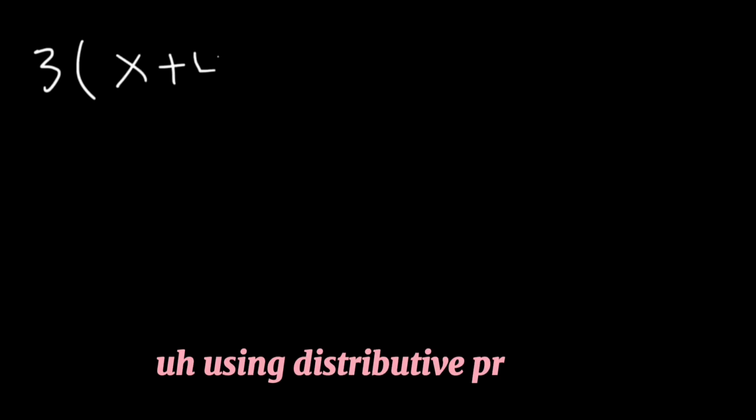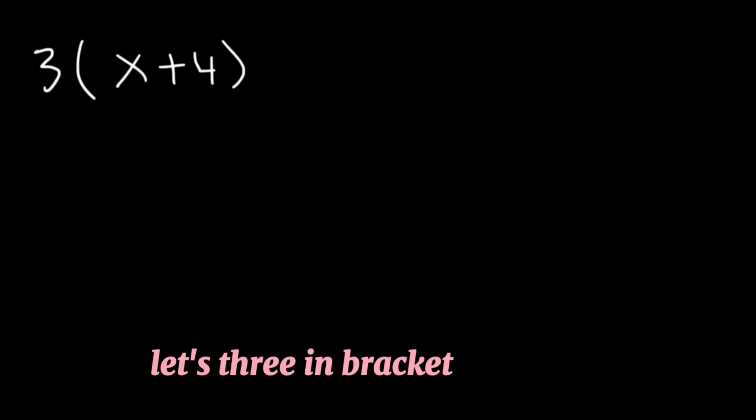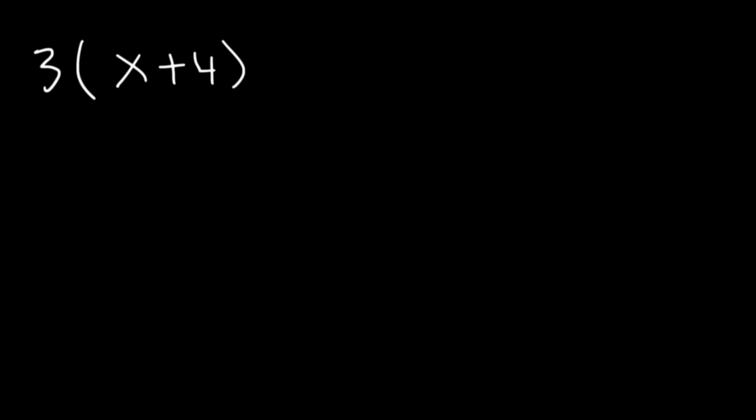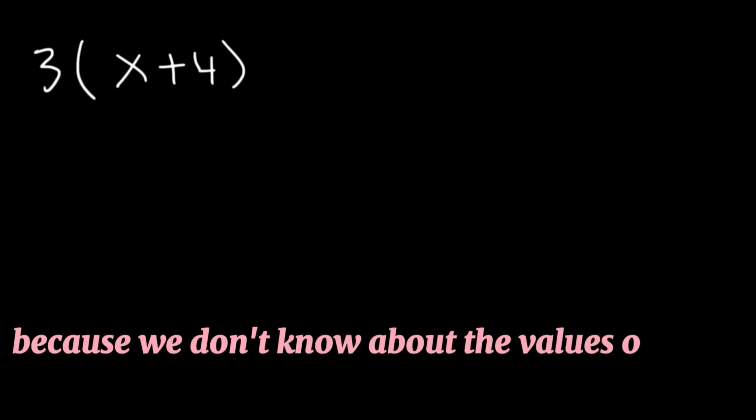Let's try another algebraic expression and solve using the distributive property. That is 3 in bracket x plus 4. So let's simplify using the distributive property because we don't know the value of x.